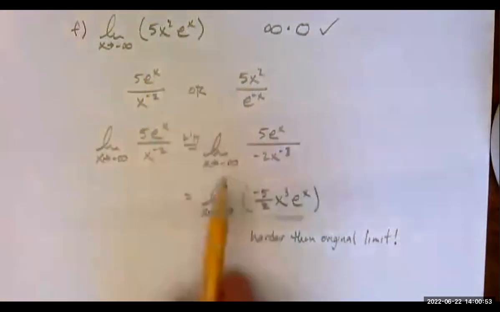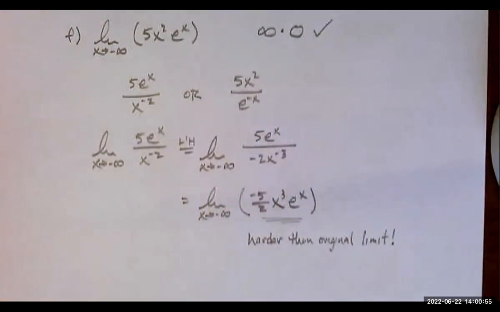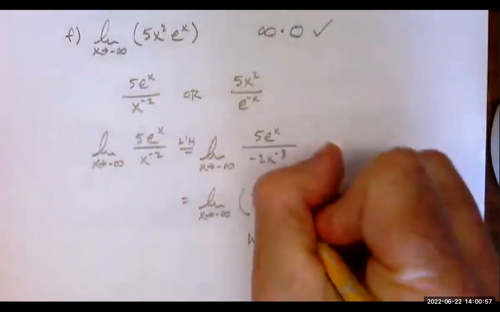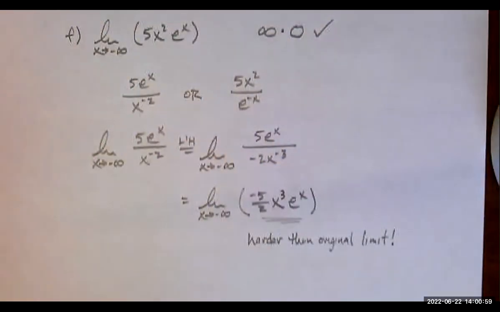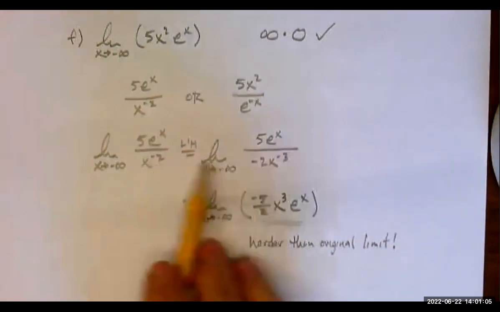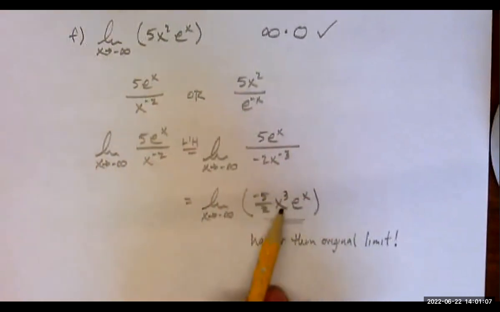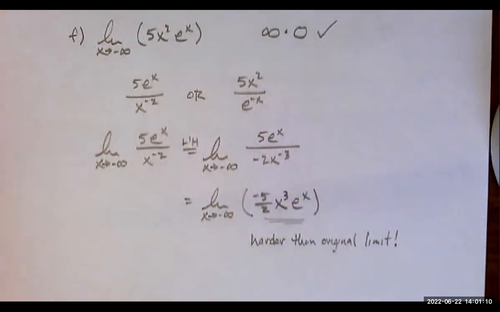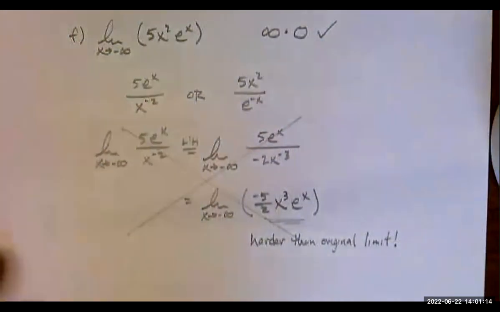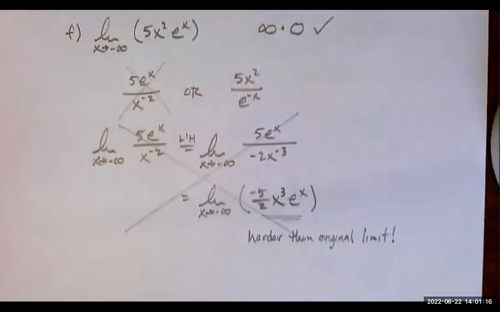We don't want things to get more complex as we do L'Hopital's rule. We want them to get simpler so that we can plug in and get an answer. So if you start doing derivatives and it's getting worse, then something is off. This is not the approach. Don't do it that way.